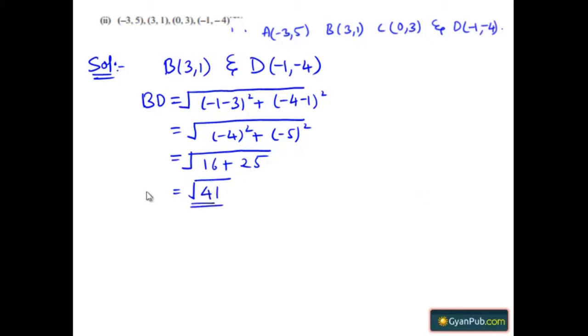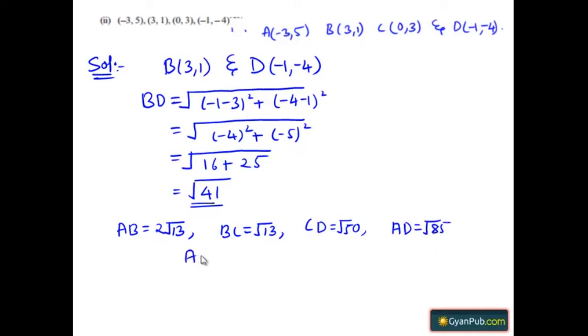Here we got AB equals 2 root 13, BC equals root 13, CD equals root 50, AD equals root 85, AC equals root 13 and BD equals root 41.